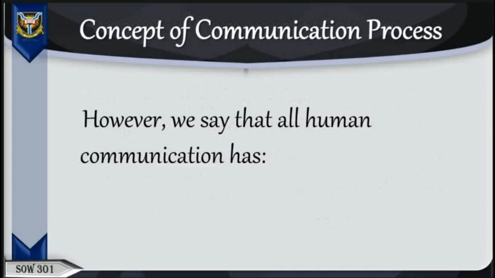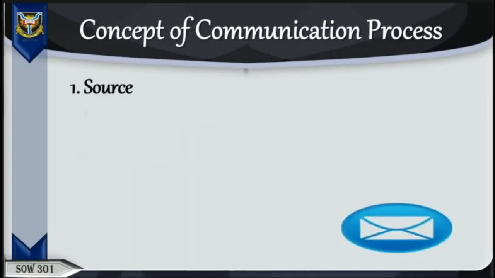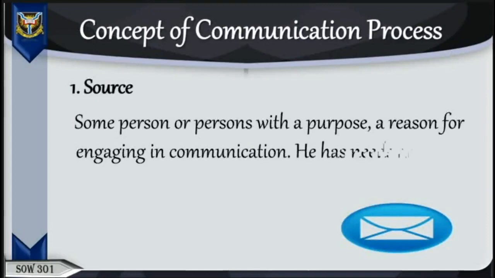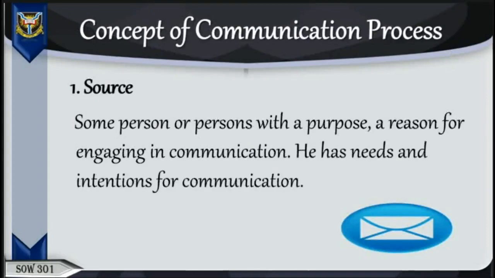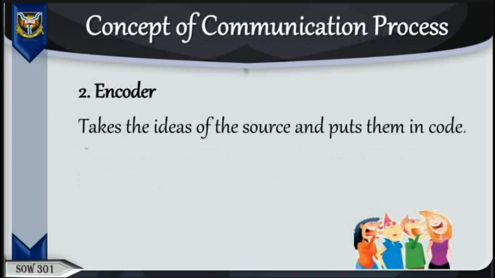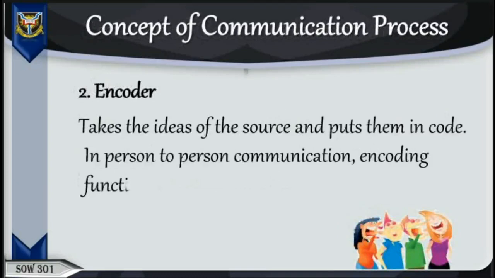We say that all human communication has a source, some person or persons with a purpose, a reason for engaging in communication. He has needs and intentions for communication. The encoder takes the ideas of the source and puts them in code.